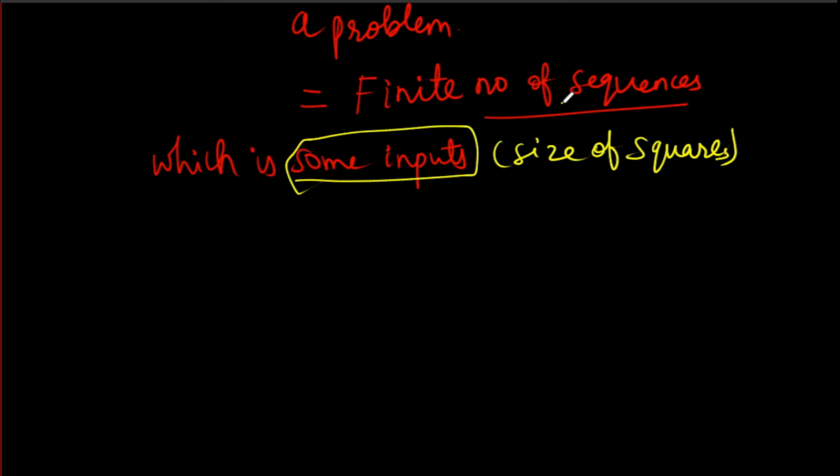Like in the case, you would consider taking 42 such squares, which is a finite number, if we are considering the square of size 1 by 1. And using this algorithm, the problem is to be solved.